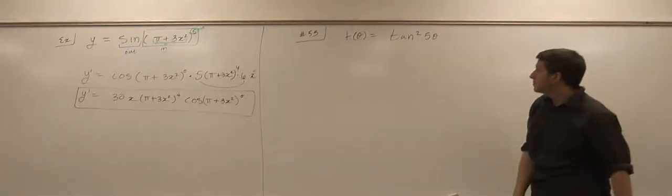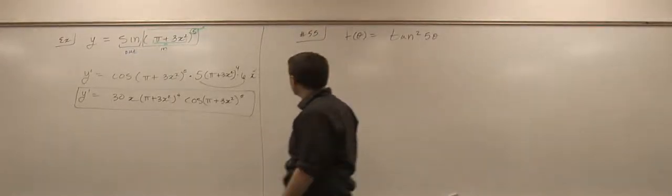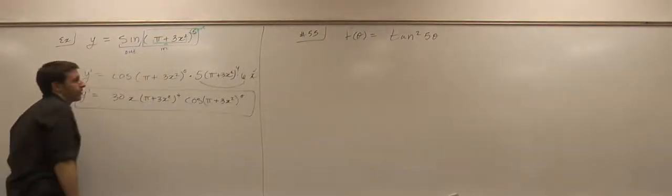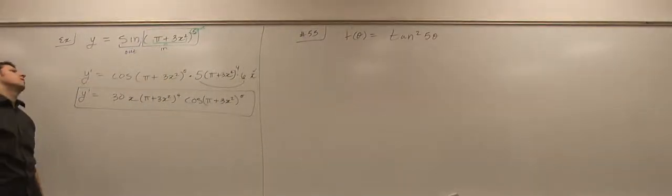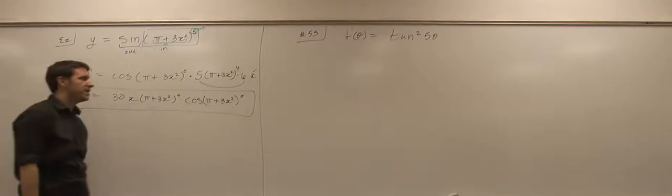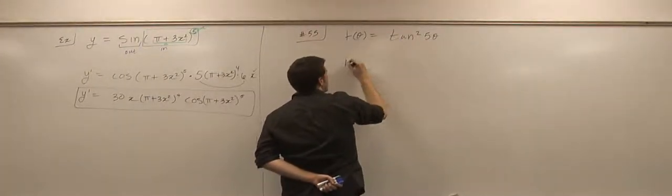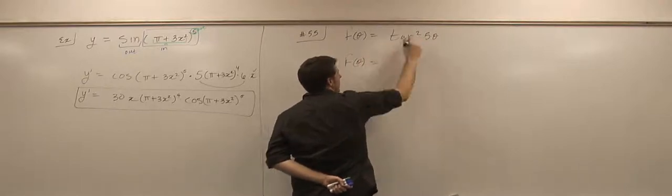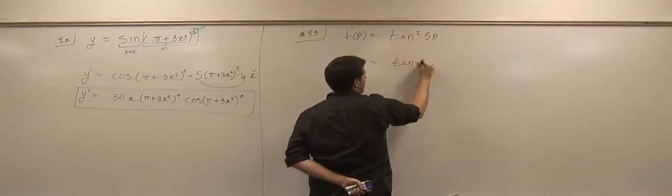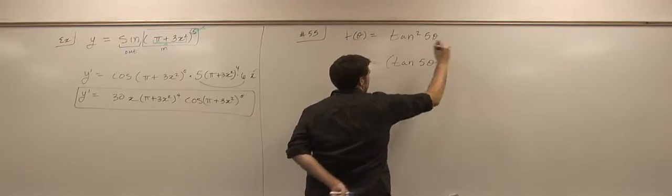Technically speaking, this is another double chain rule. So what does that tan squared mean? What should I rewrite that as? Yeah, so immediately I want to recognize that tan squared is tan of 5 theta, squared.